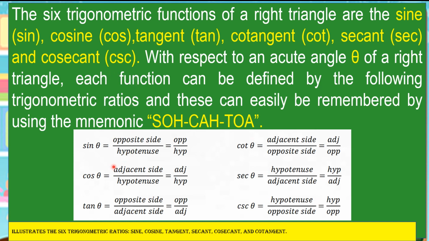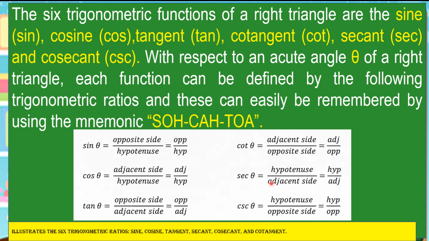With respect to the acute angle theta of the right triangle, each function can be defined by the following trigonometric ratios, and it can be easily remembered using the mnemonic SOHCAHTOA. SOH means sine, opposite, hypotenuse; CAH means cosine, adjacent, hypotenuse; TOA means tangent theta, opposite side, adjacent side.